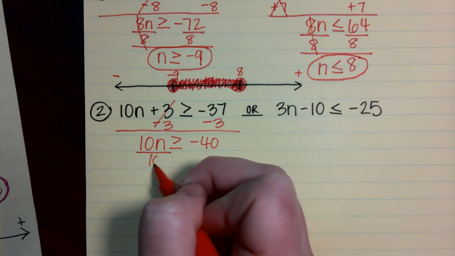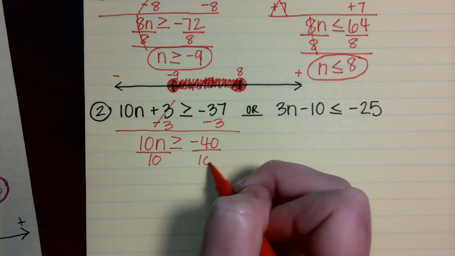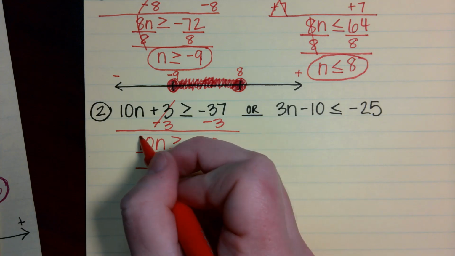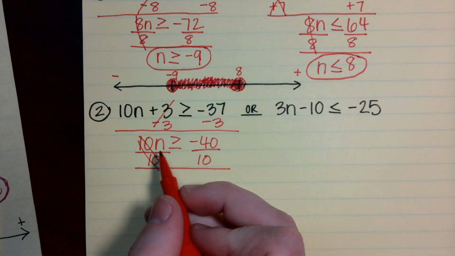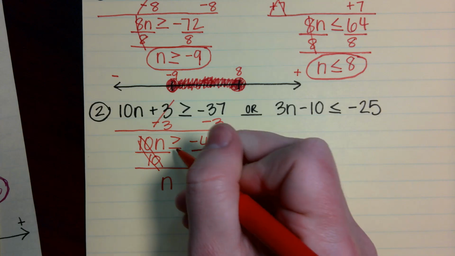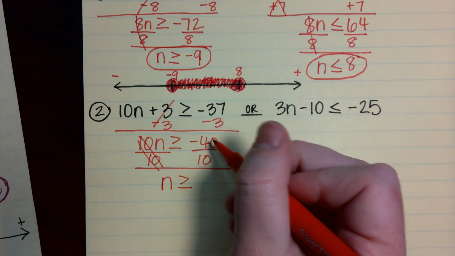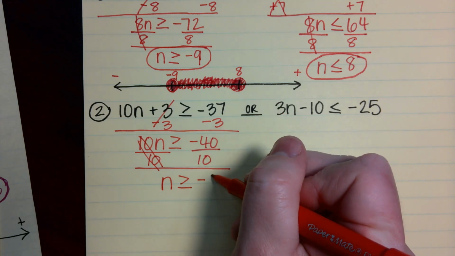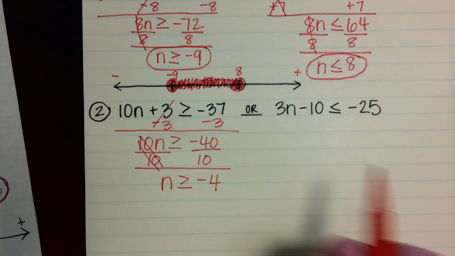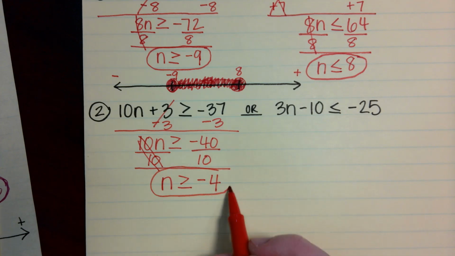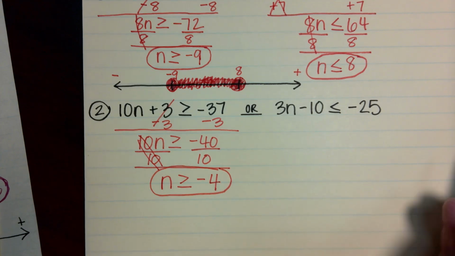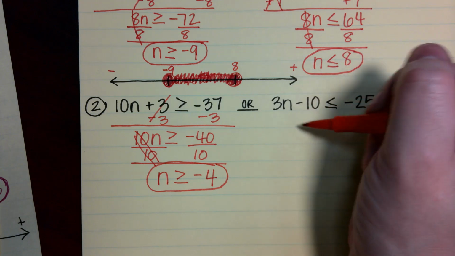Divide by 10, divide by 10. All right, so that leaves us with n is greater than or equal to -40 divided by 10 is -4. All right, everybody get that? Good, good, good, good. All right, let's do the other side.